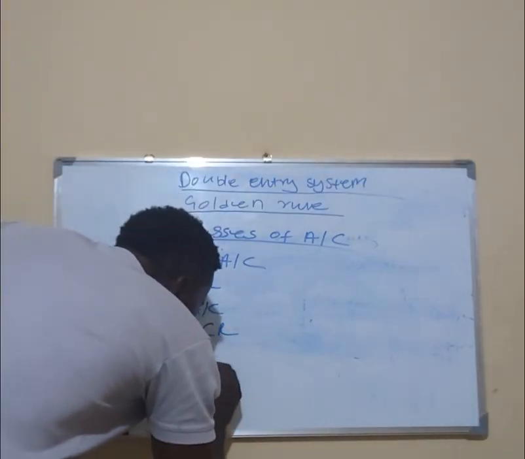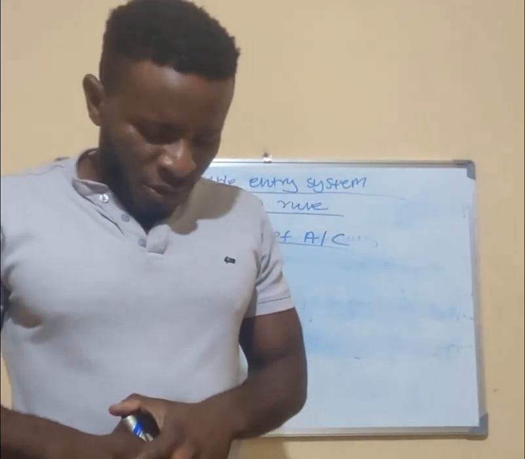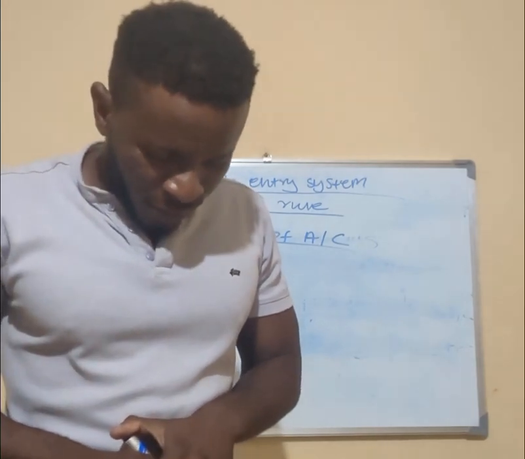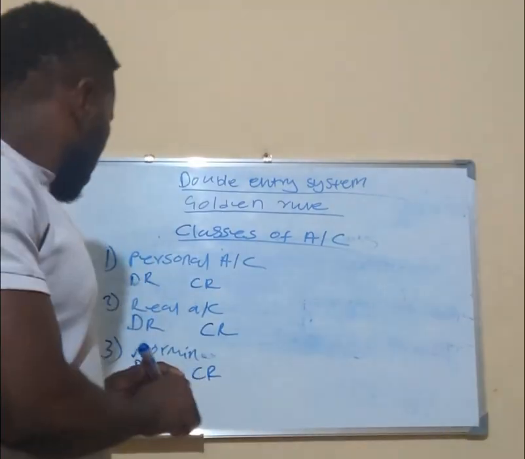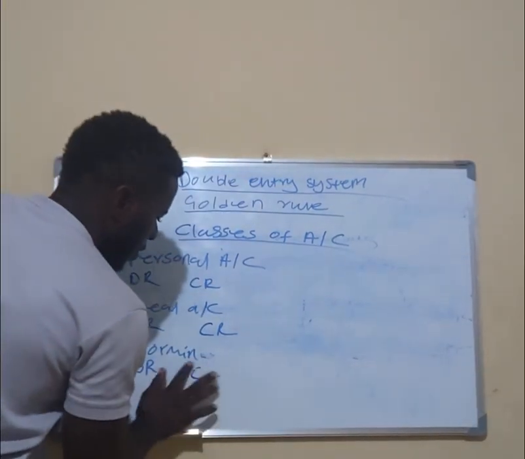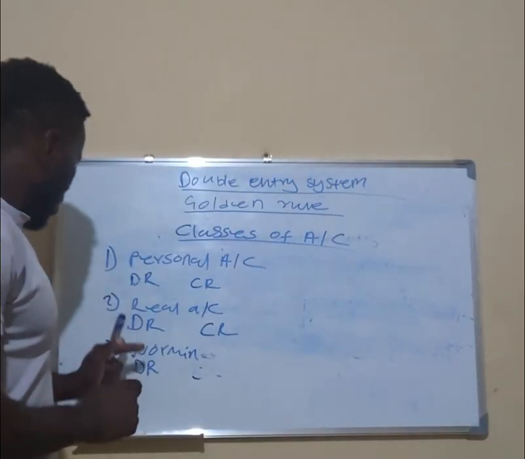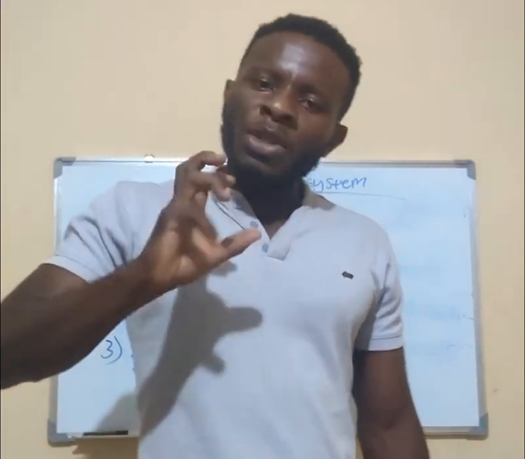Sorry, you should debit the expenses and the losses. So the losses and the expenses should always appear on the debit side.